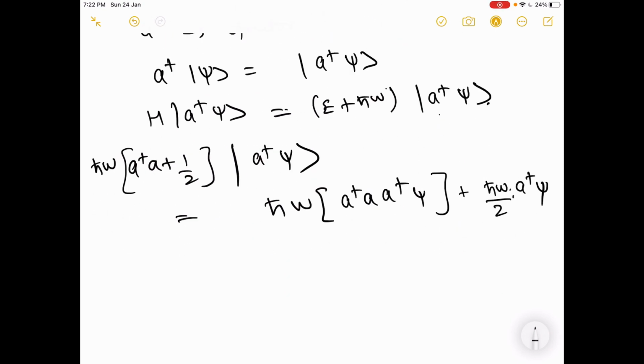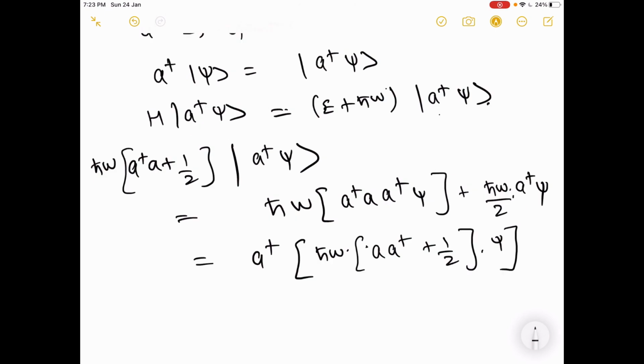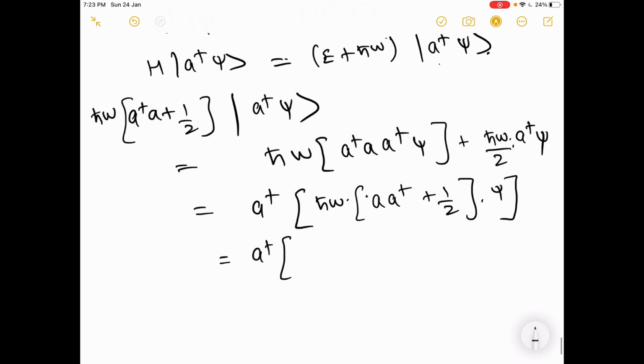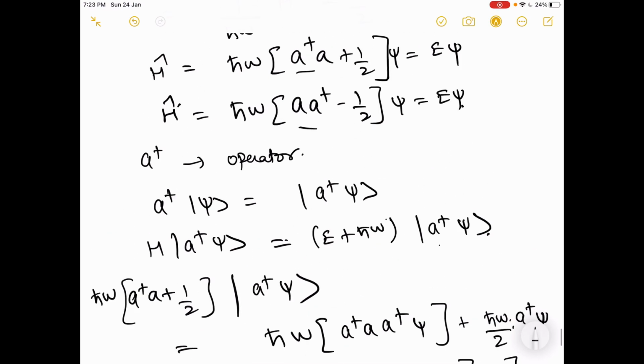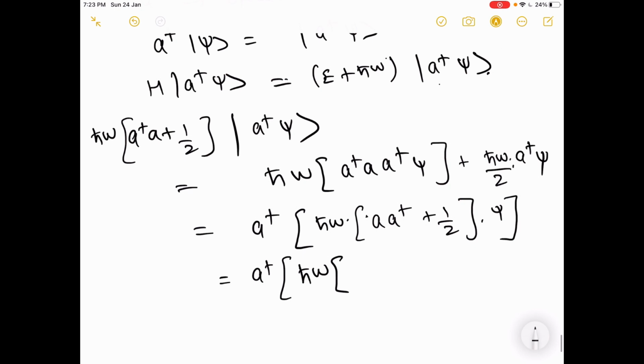I take a dagger out, so h cross omega a dagger times a a dagger plus half, which can be written as a dagger h cross omega times a a dagger minus half plus 1 psi.